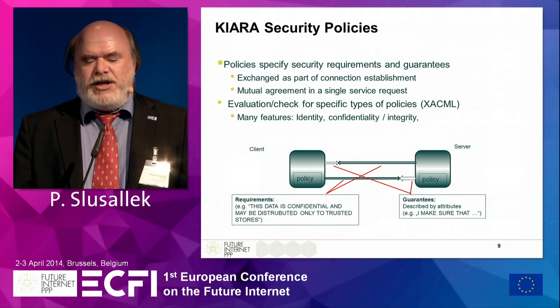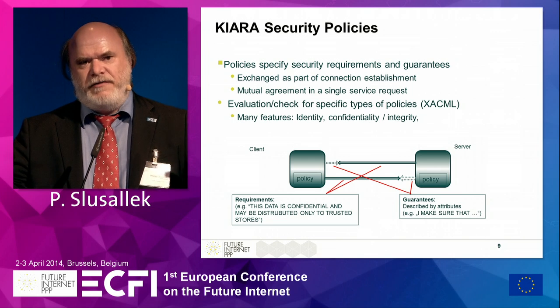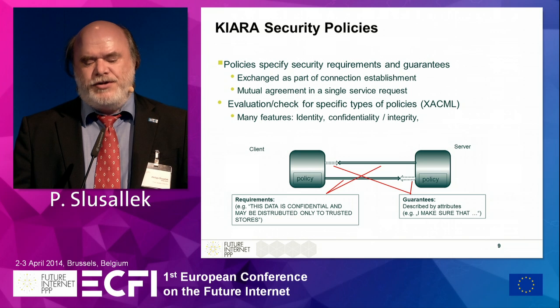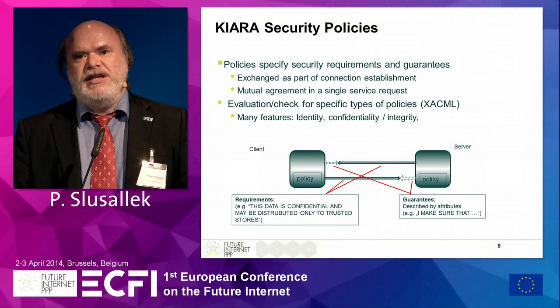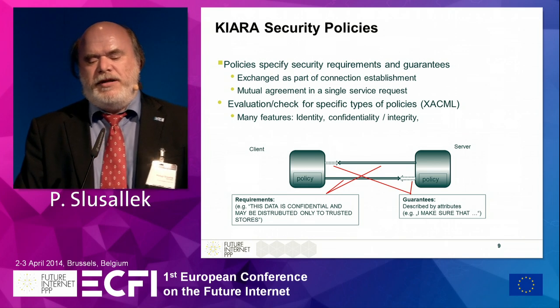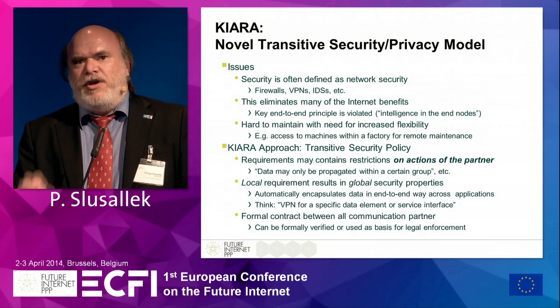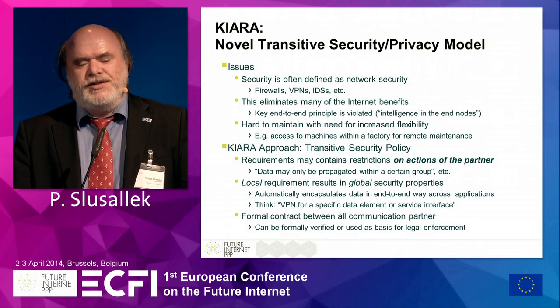So in terms of the security policies, the key part here is that each of the two sides of the two services have requirements and provide certain guarantees. And these are checked mutually against each other. And the two services only talk to each other when that is actually fulfilled. One of the key aspects that I want to point out here is that we also support transitive security and privacy models.